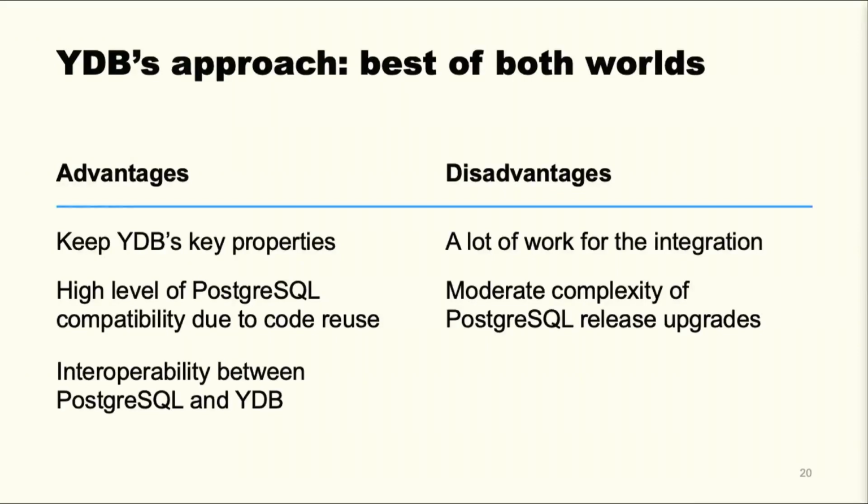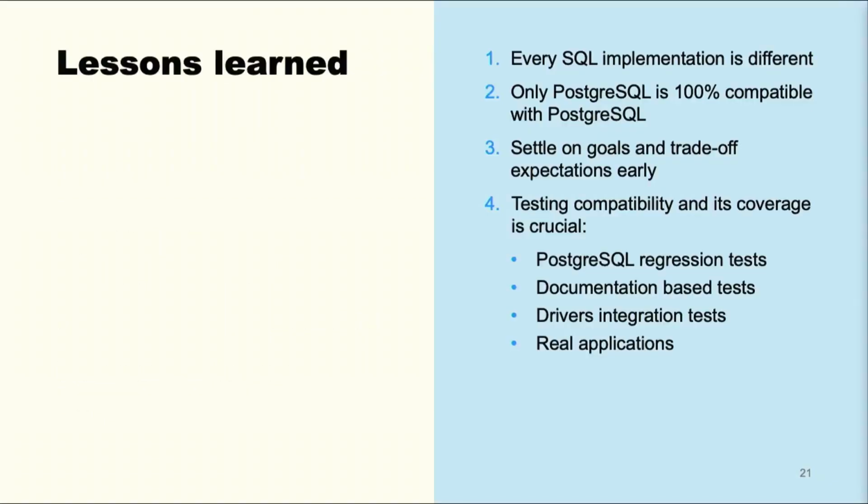So it's more complex compared to extension, but easier than maintaining a fork. So for example, recently we upgraded from 14 to 16, and it was 1 week of one engineer's work, and upgrading between minor releases usually 1 day of engineer's work. So it's tolerable.